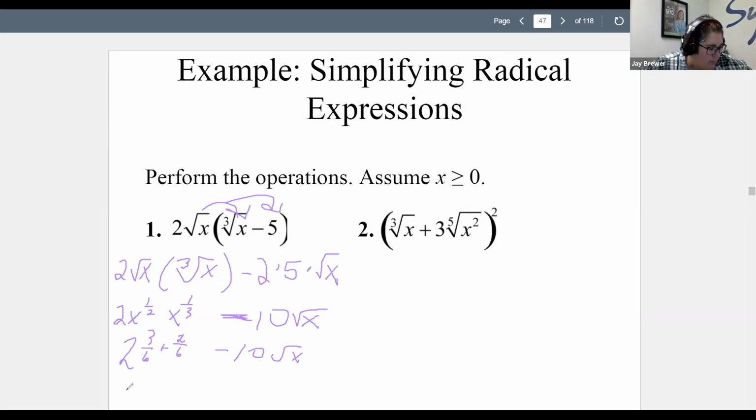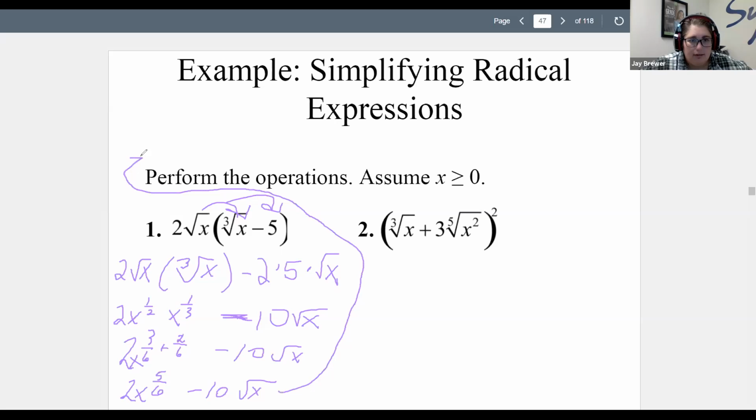Okay, so it's going to be 2 x to the 5/6 power minus 10 square root of x. Now, you can choose to leave it in exponential form. I'm going to take it back to radical form.